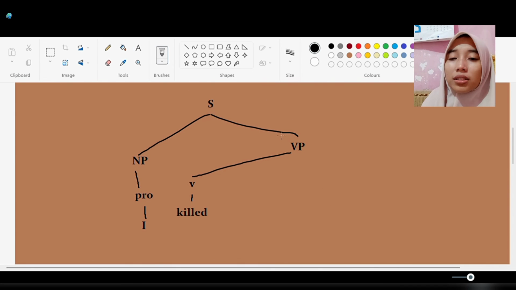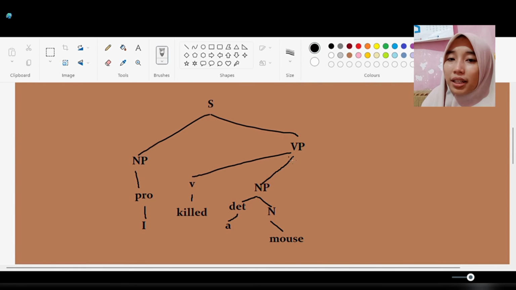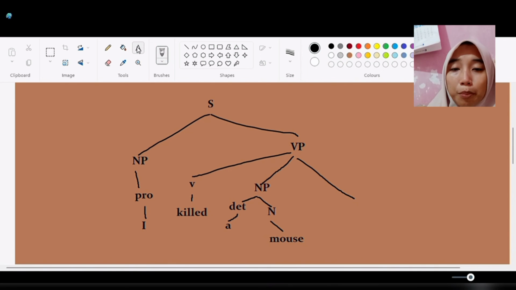Now we have a mouse. So what kind of phrase is a mouse? That's right, it's a noun phrase. So we have this determiner, and then the noun mouse.